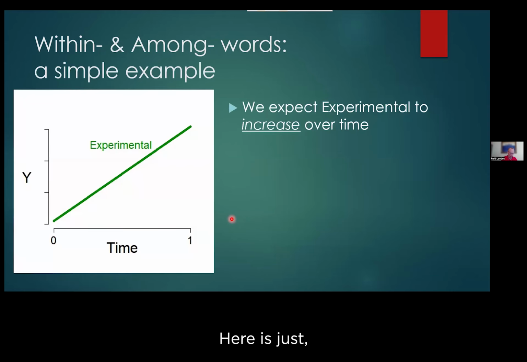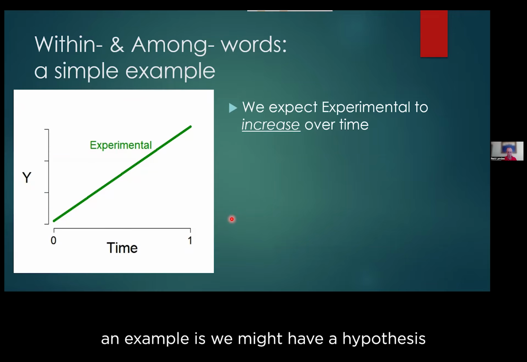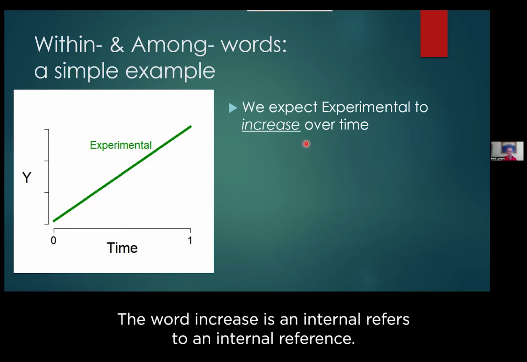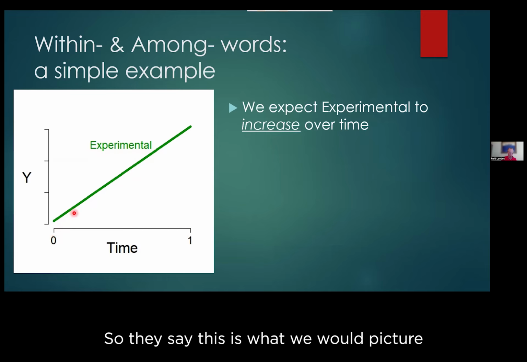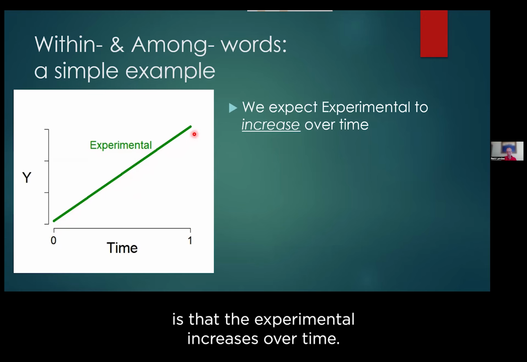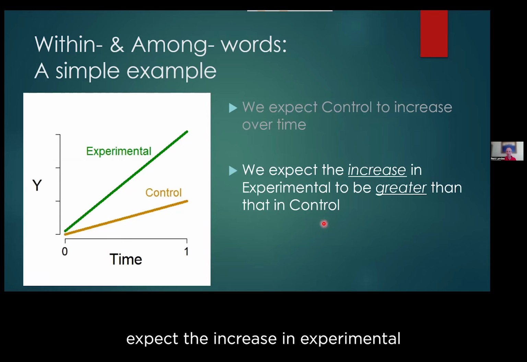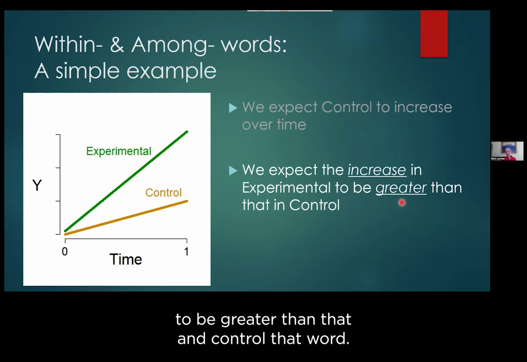Here is just an example. We might have a hypothesis that the experimental group will increase over time. The word increase refers to an internal reference. So this is what we would picture, that the experimental increases over time. Then we expect the increase in experimental to be greater than that in control.